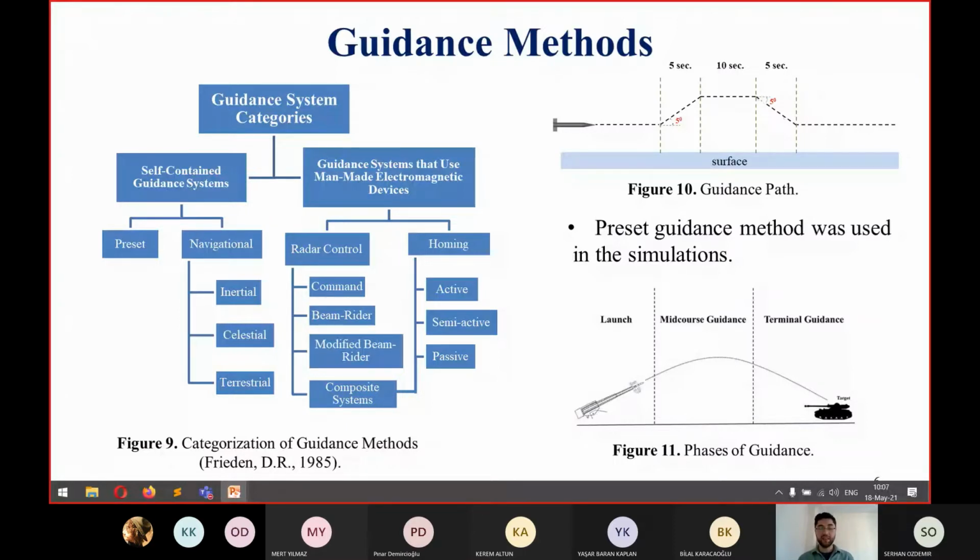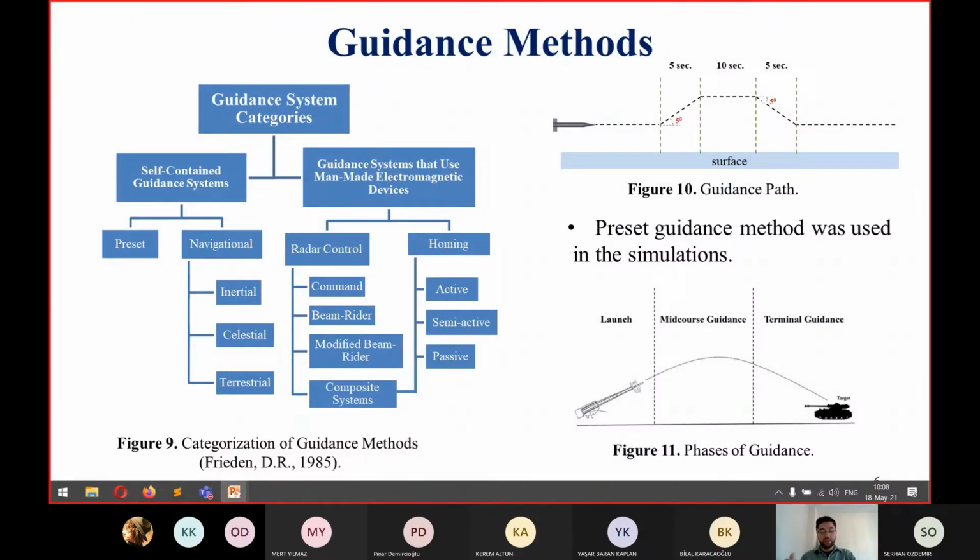In preset guidance, the entire flight path is loaded into the munition computer before the launch, and the flight computer counts the time and alters the flight path according to prior information.